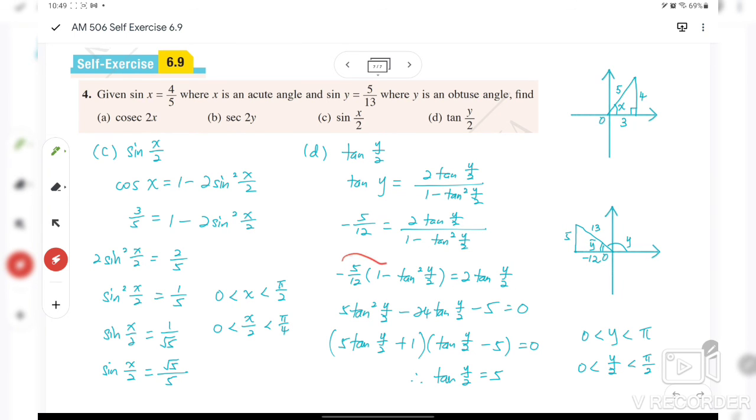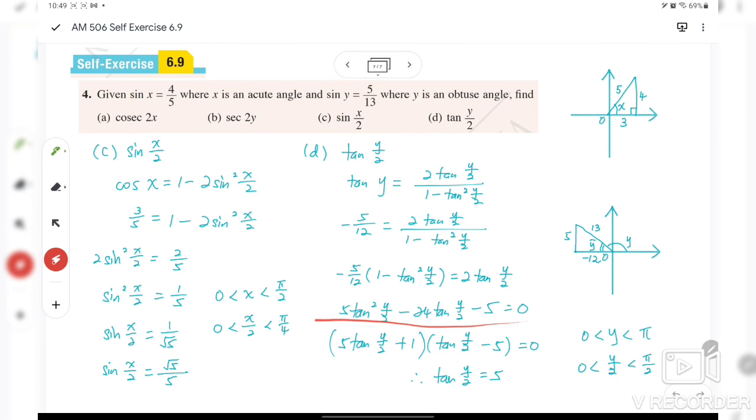When we multiply in, negative 5 times negative tangent square of y over 2 gives positive 5 tangent square y over 2, minus 12 times 2, we get 24. Moving to the left, we get minus 24 times tangent y over 2, and negative 5 times 1 gives negative 5, equals 0.